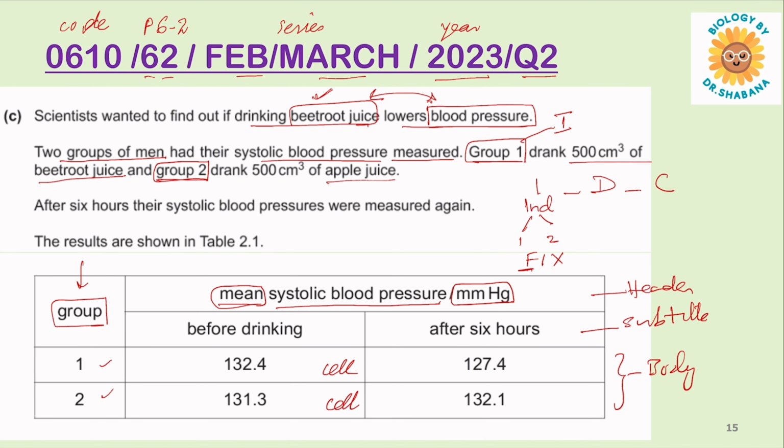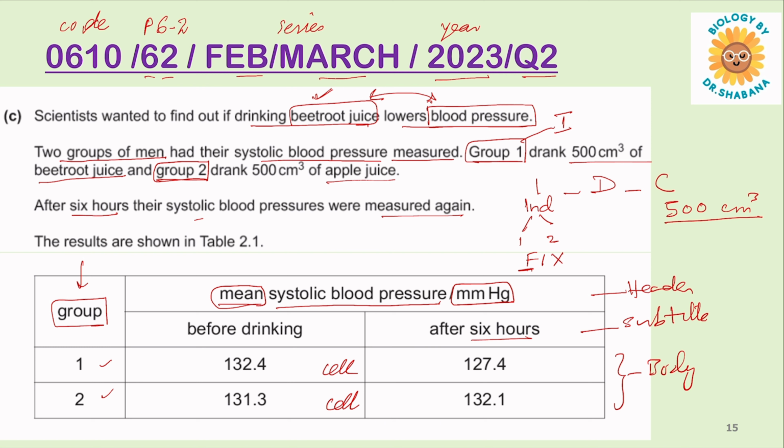Now both of them drank the same amount of liquid, and that was 500. That becomes my constant variable. And then what did I measure? I measured the mean systolic blood pressure, right? After 6 hours, the systolic blood pressure was measured again.